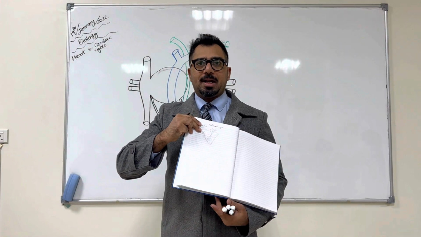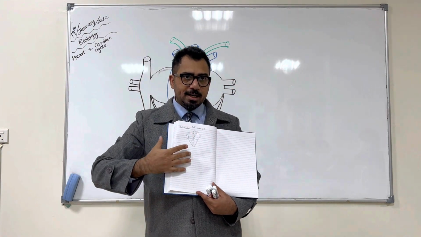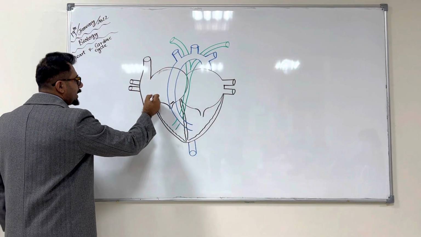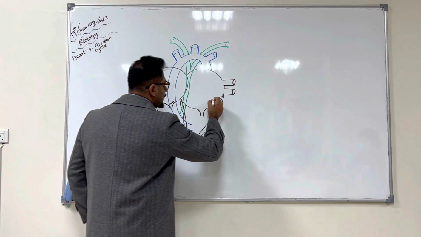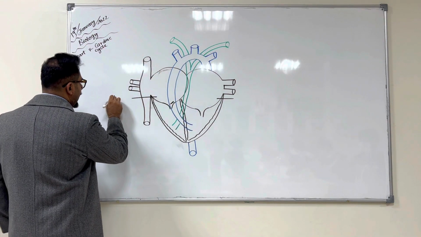Always put the paper like this. So this one will become right side and this one will become left side. Right? So remember that this over here is the right side of the heart and this is the left side of the heart. This is right atrium.